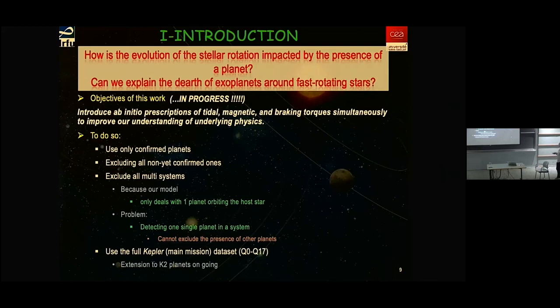Of course, that's probably not completely true, because maybe some of these systems will have a second planet that we haven't detected. So, we have to live with what we have for the moment. And we will be using the full Kepler mission dataset. And I have to say that we have already started to extend to K2 results, although it's not yet completely done.